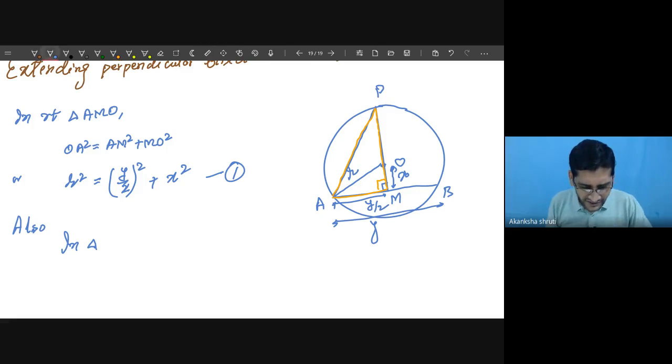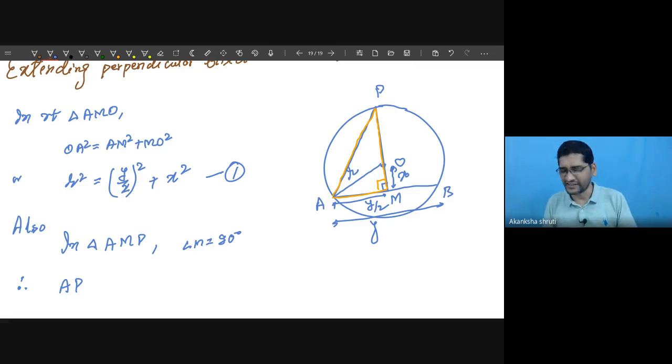So in triangle AMP, again angle M is your 90 degrees. So what will be the relation here? What will be the chord length? The other chord length AP. AP will be how much, students? AP is the new chord length or the other chord length.